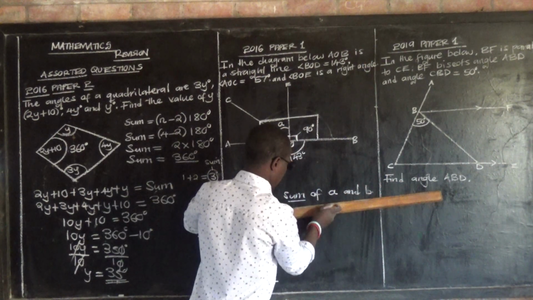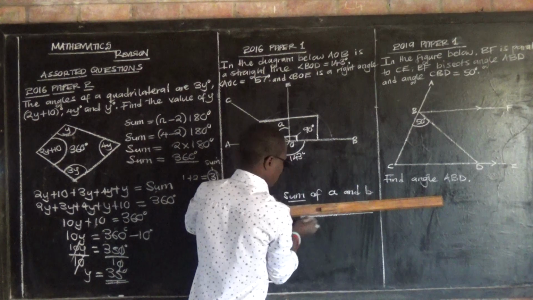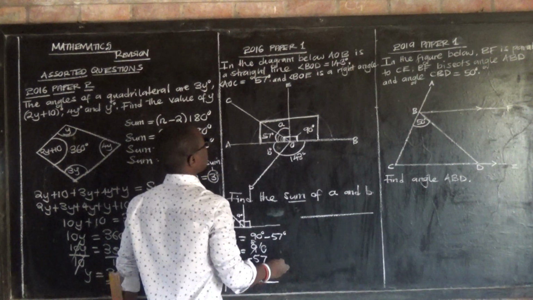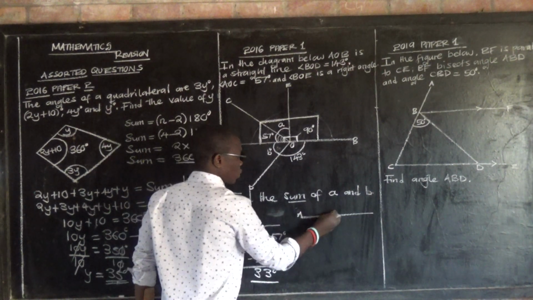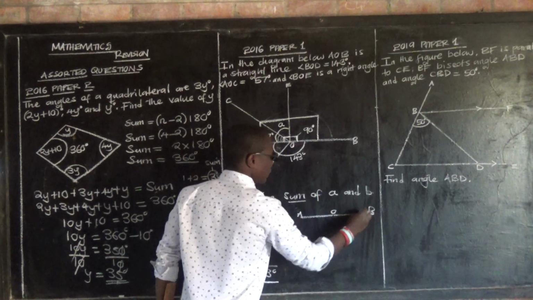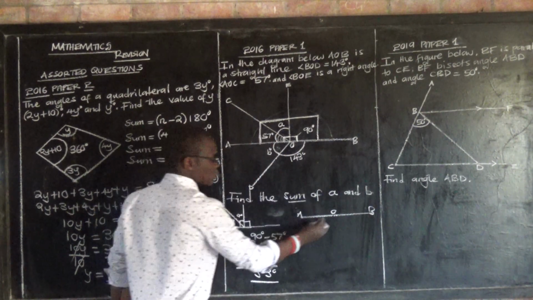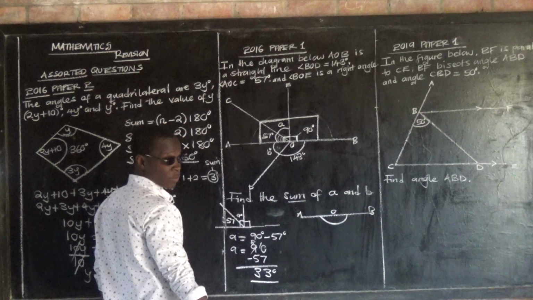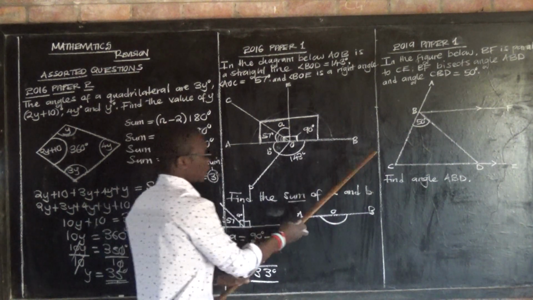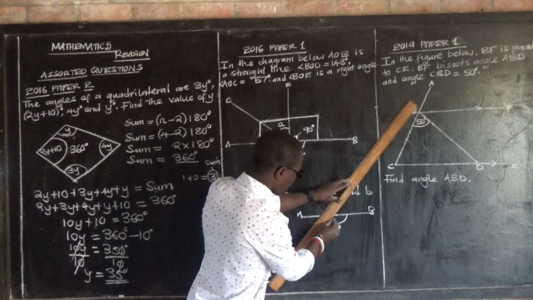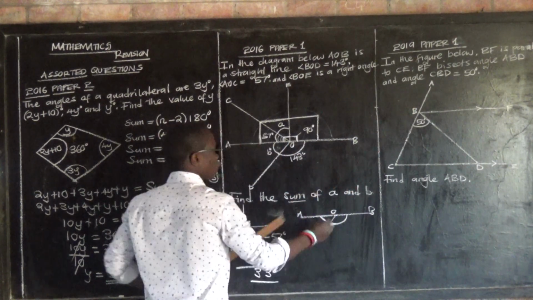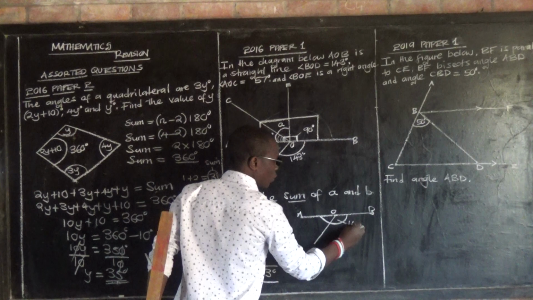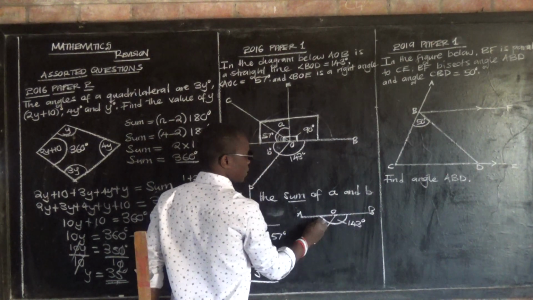So we have this line, A, O, B. And guys, we know that angles formed on a straight line add up to 180. But out of 180, we have 140. You can easily find this angle B.